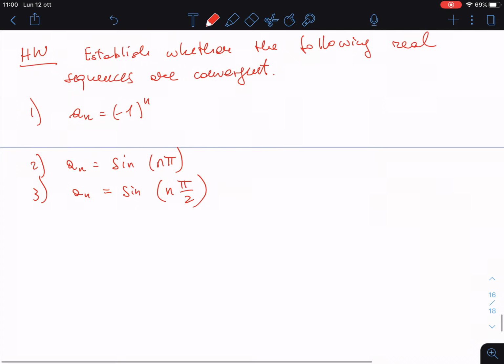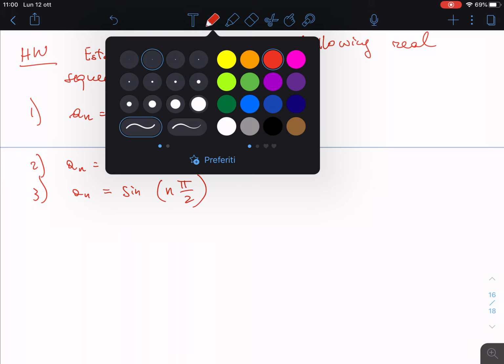Now, I want to deepen a bit our awareness about the absolute value. So I open here a box.